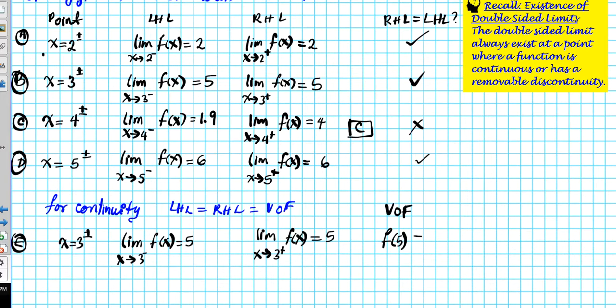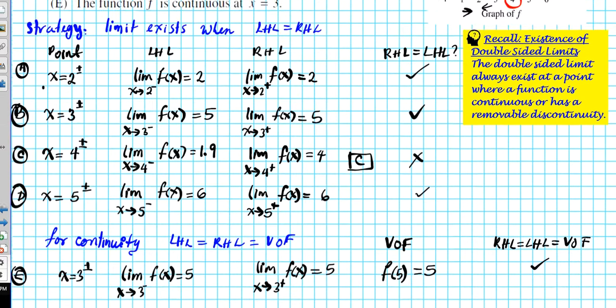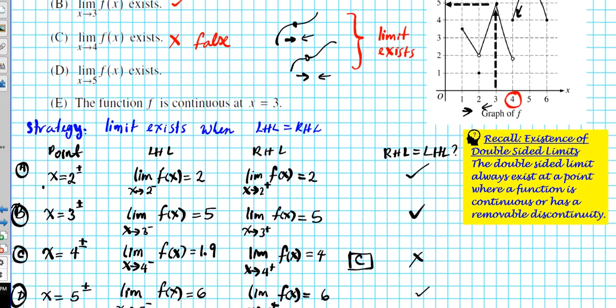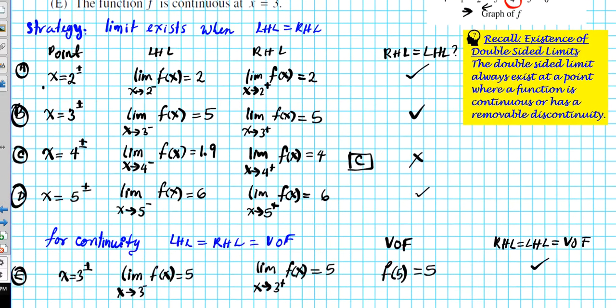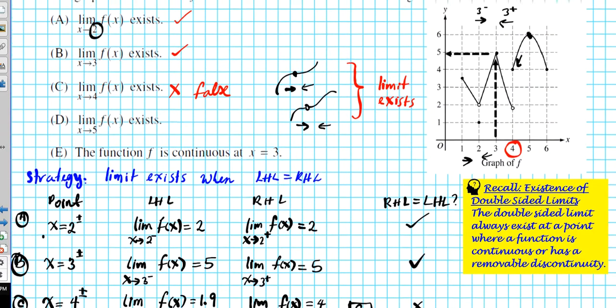Now, since the right-hand limit is equal to the left-hand limit and is equal to the value of the function, this automatically implies that the function is continuous at that x value. So we see why option E is correct. Is true. Okay?